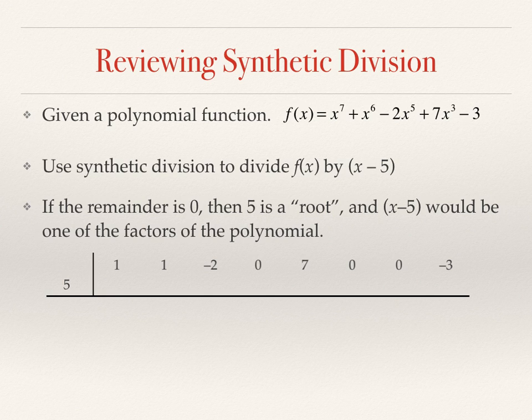Synthetic division, recall, goes this way. We take the first number, the 1, and we bring it straight down. We multiply this by 5 to get 5, and we add this column. Again, multiplying this number 6 by 5, the divisor, to get 30, and we add this column to get 28. 28 times 5 is 140.